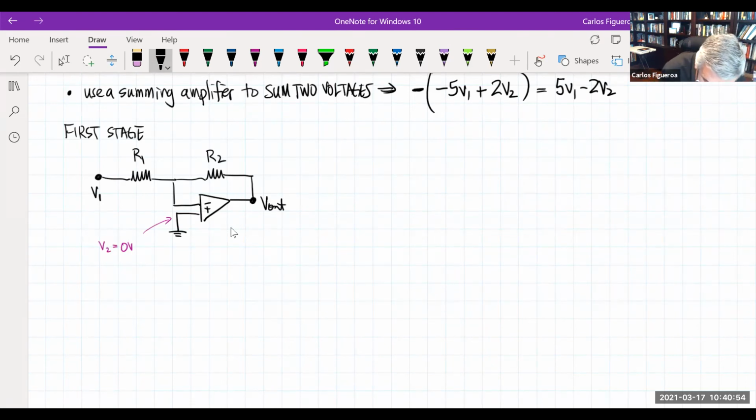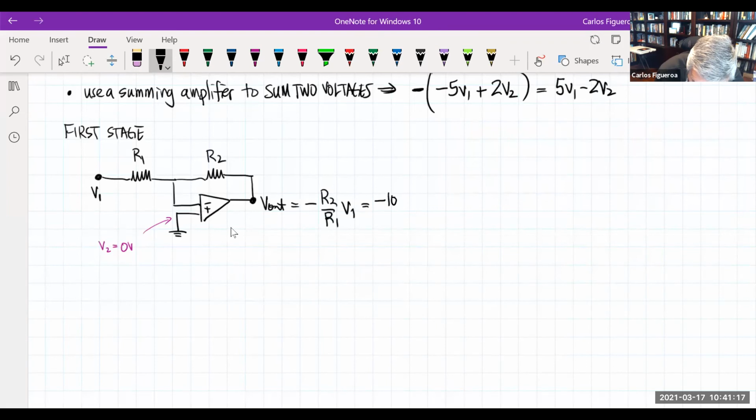So if I do this, then the output of the stage is going to be minus R2 over R1 times V1. So I have to set R2 and R1 so that it has a gain of 5. In this case, I could pick anything.